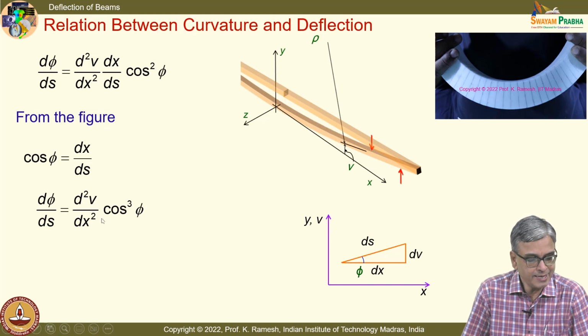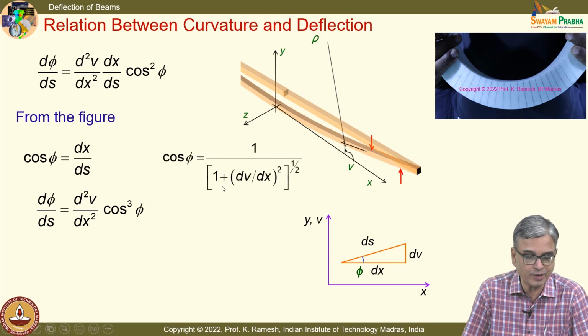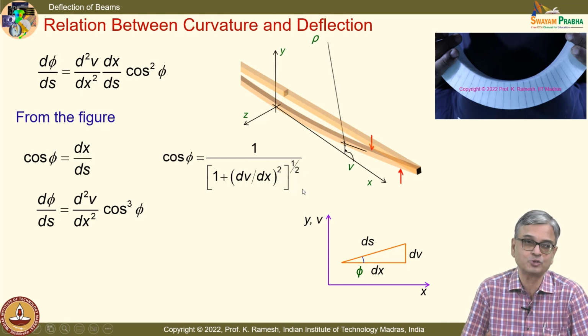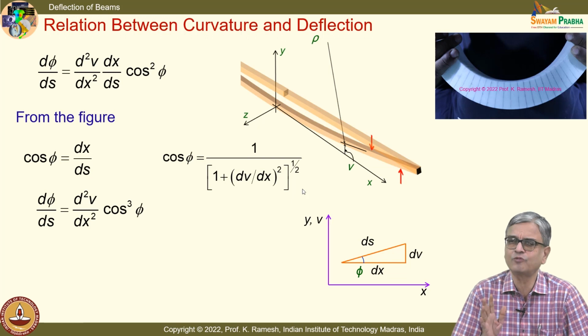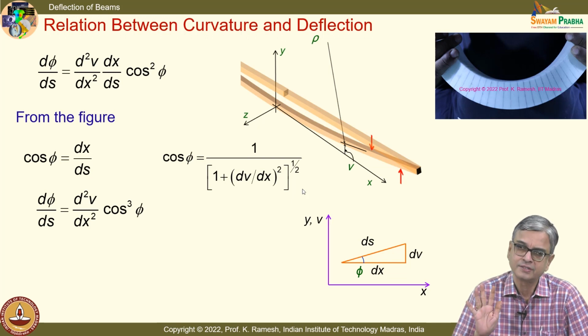And I would like to replace cos phi from the relationship. Cos phi is 1 by 1 plus dv by dx whole square, whole power half. I suppose you are able to simplify and then convince yourself; I have just written what is cos phi. Fine.